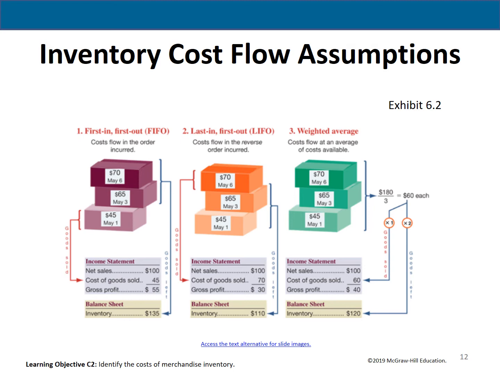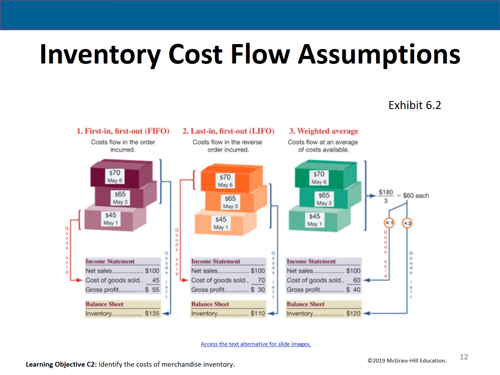Now, take a look. Under FIFO, for this sale, looks like the sale price was $100. Cost of goods sold, where we store the cost of the goods that were sold, was $45 using FIFO. First in, first out. The second method, last in, first out, says no. Assume the last item you bought is the first one you sold. Oh, okay.